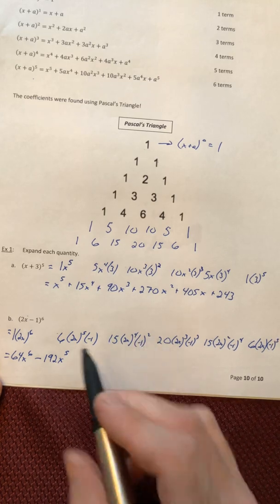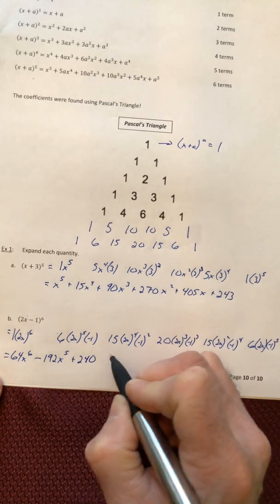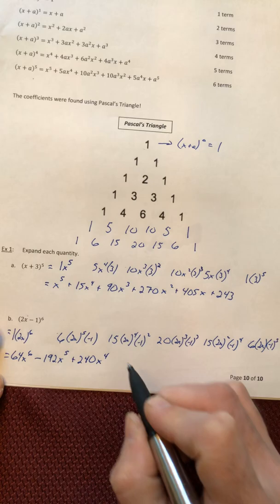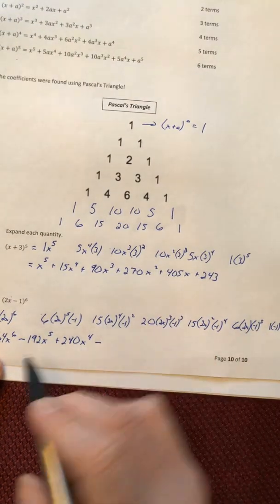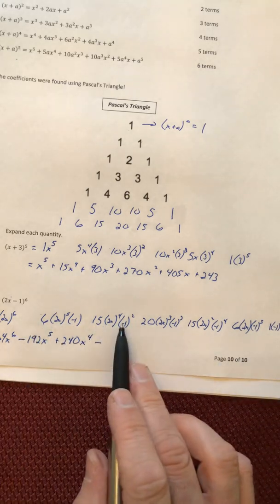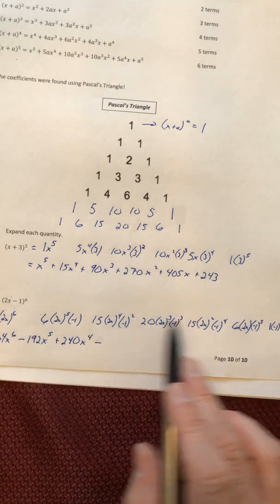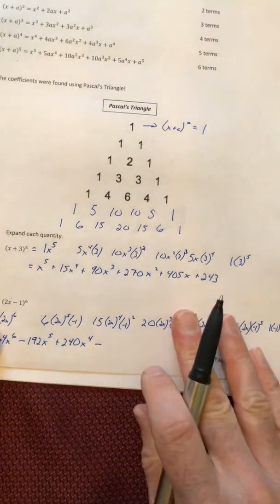So the negative cancels out, and that's going to be a positive 240x to the 4th. It's going to alternate in sign all the way down, because the negatives cancel out with the even powers and they stay with the odds.